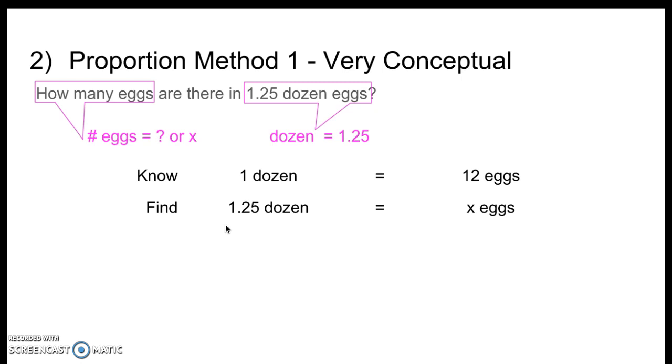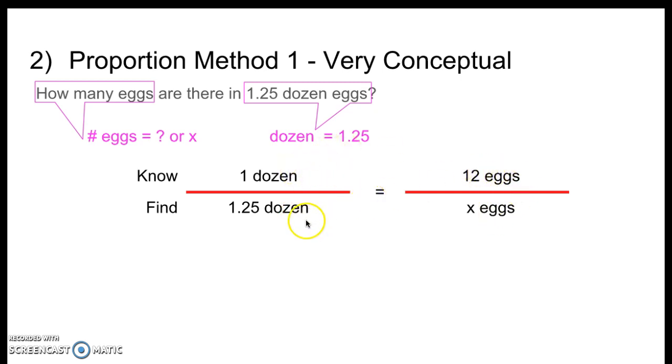But in this case, what we're going to do is take these two equations and turn them into fractions. So we just draw fraction lines underneath both equations, and now we have two fractions. One where you have 1 dozen over 1.25 dozen, and the other one where you have 12 eggs over x eggs.